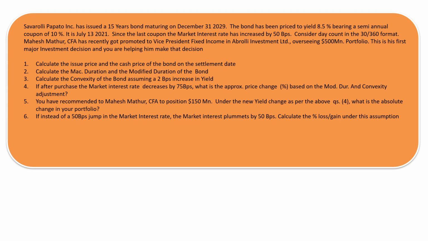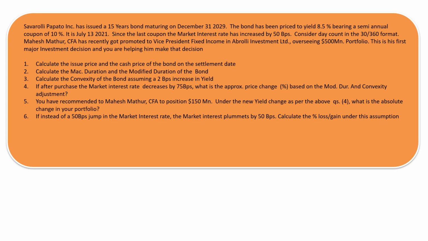Okay, so now we have reached the last portion of the session, and this particular problem I would want all of you to work out and come back to me. As it is mentioned, Severally Perpetual has issued a 15 years bond maturing on December 31, 2029. The bond has been priced to yield 8.5%, bearing a semi-annual coupon of 10%.